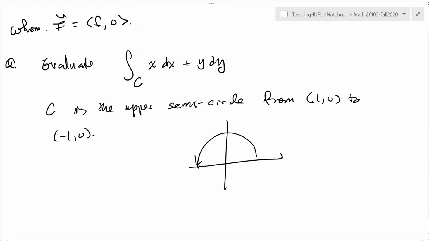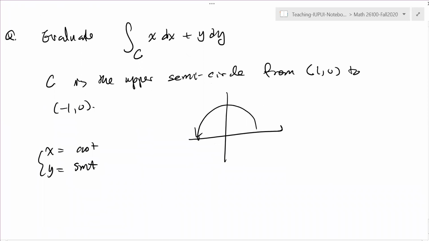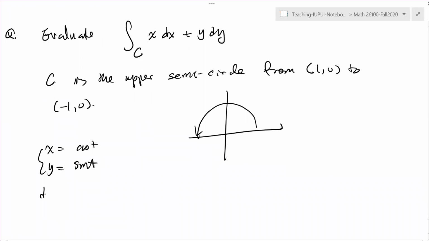Now, how do we solve this problem? I think all we have to do here is very simple. Just let x be cosine t, y be sine t. So dx is just x prime dt, so dx is negative sine t dt, and dy equals cosine t dt.